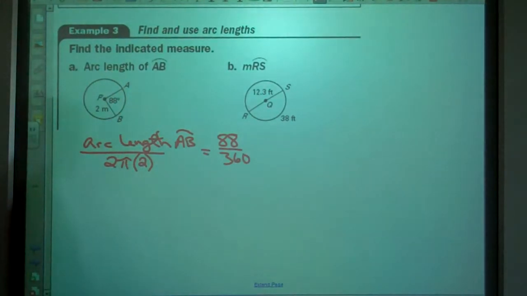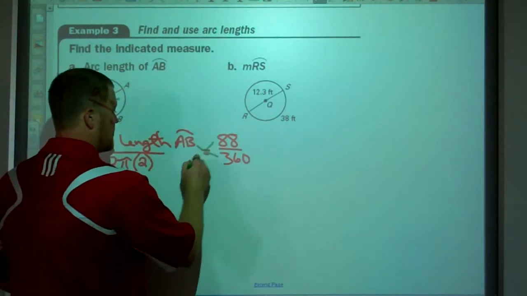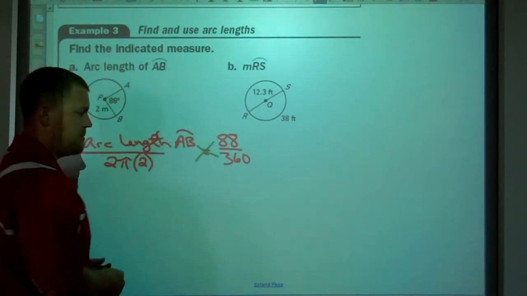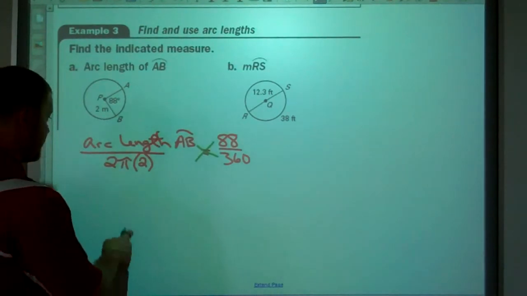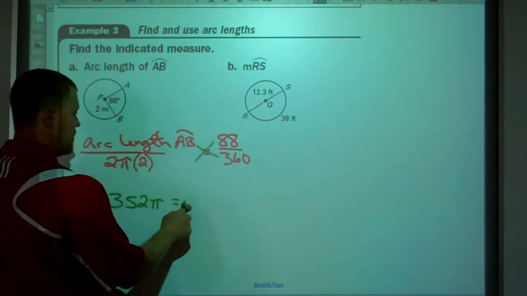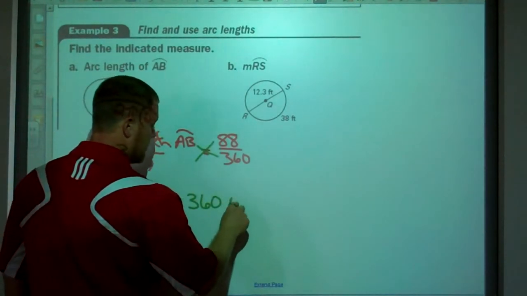And again, how do you solve a proportion? We cross multiply, right? So 2 times 2, that's 4. 4 times 88, we get 352 pi equals 360 times the arc length, the unknown here.